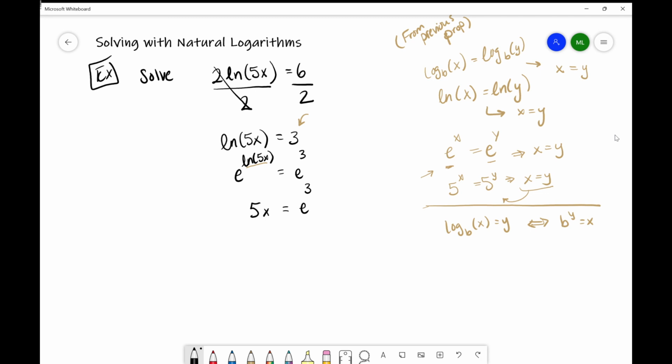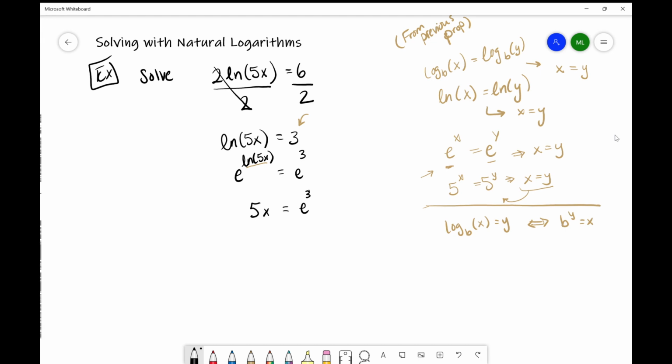The e to the power of 3 doesn't change, because nothing's happening on the right-hand side. But on the left-hand side, when you take e to the natural log, because it has the same base, you're taking e to the log base e of x, so you just bring x down.